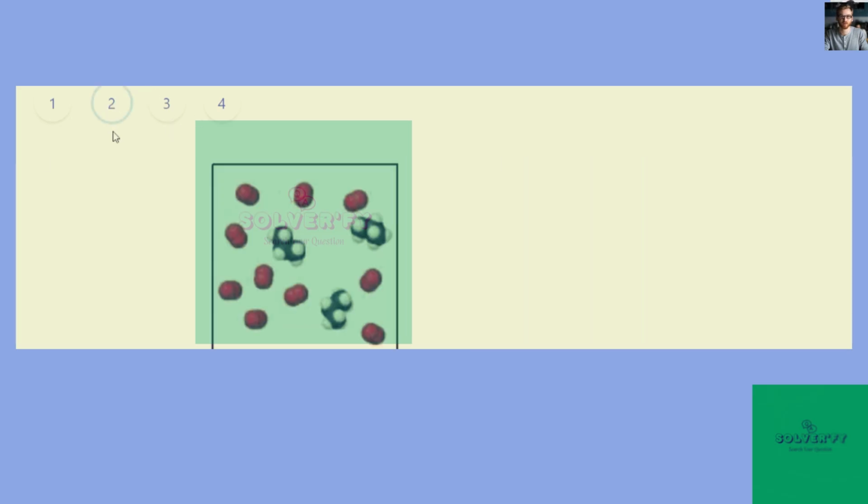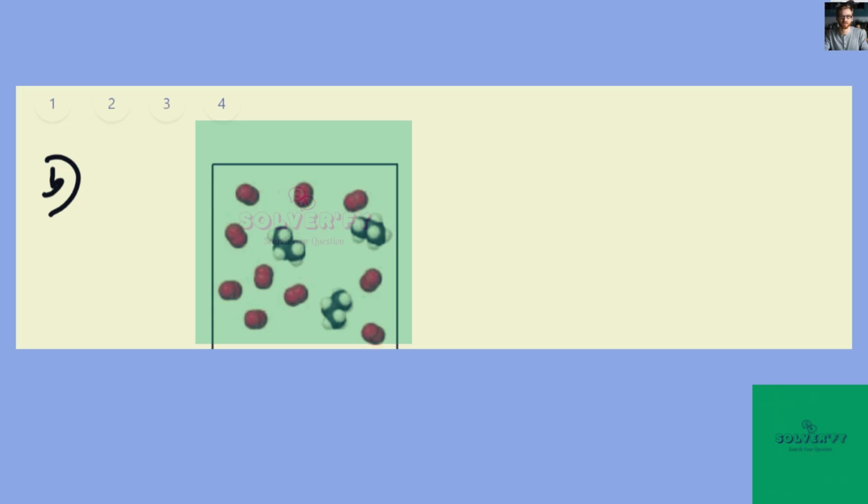Now in the second part of this problem, we have to say, looking at the diagram, what is the limiting reactant here. As we know, the limiting reactant is the reactant which will be consumed completely in the reaction and which will be consumed first in the reaction.